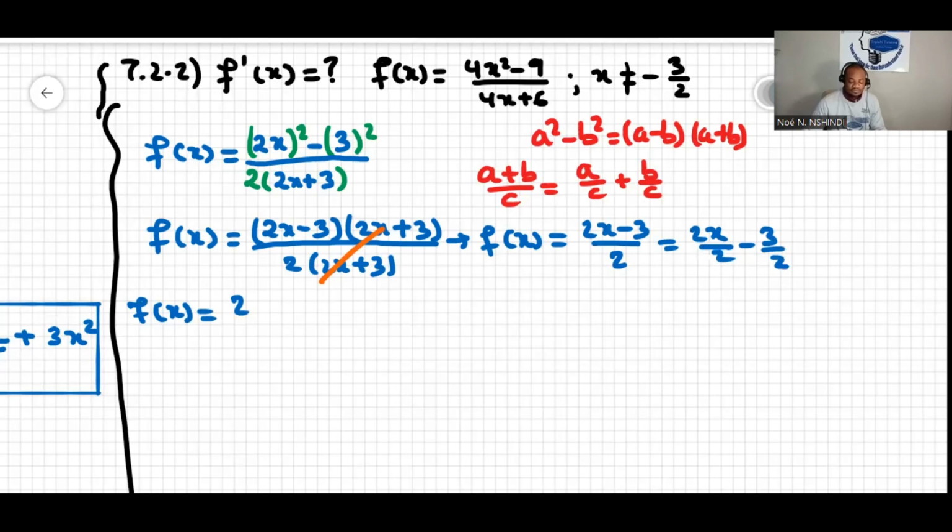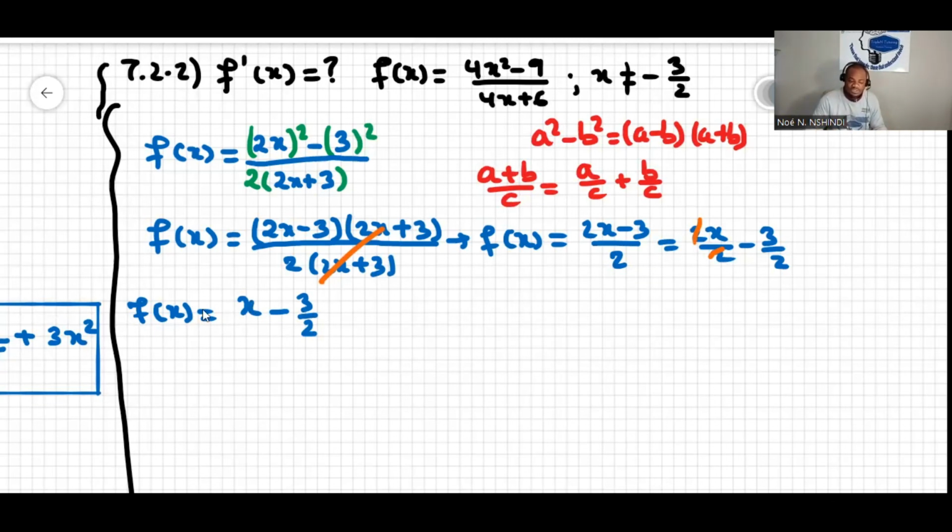And then we can simplify 2 and 2 there, and the answer here will be x minus 3 over 2. So far we didn't differentiate anything. We just transformed the equation, making it simpler and simpler, simple for us to differentiate.